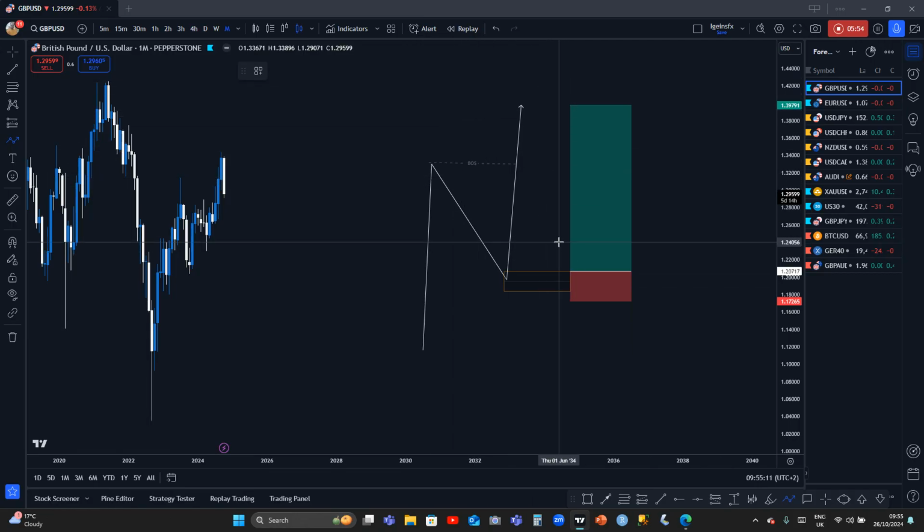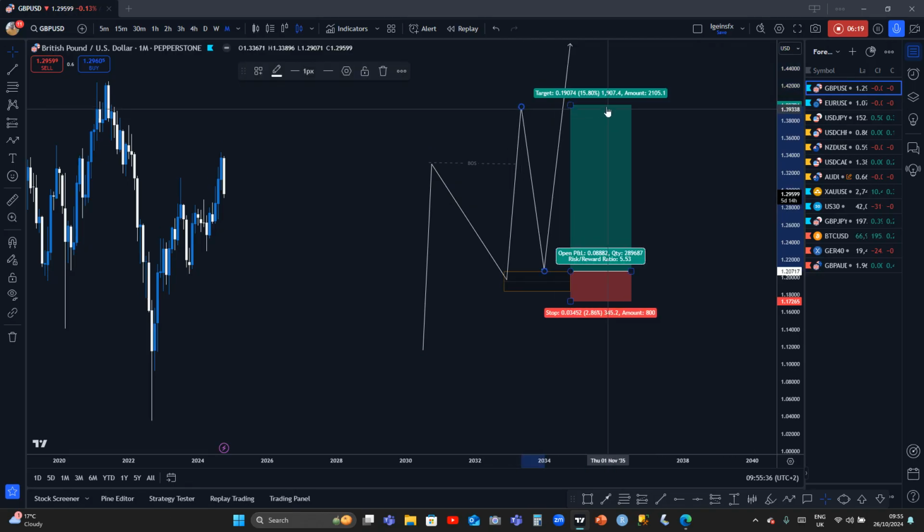Now, what do I need to do? Put a pending order here, wait for price to pull back and tap into this origin. Then I will just push the price up. What I will do is target this reversal point here.